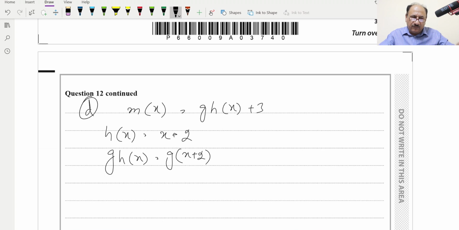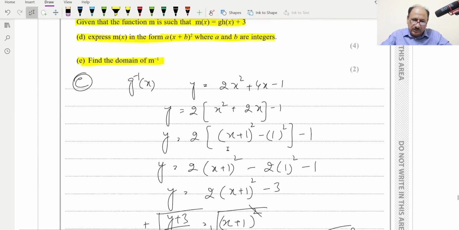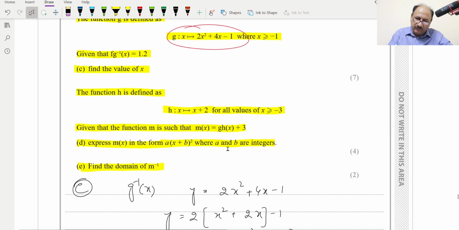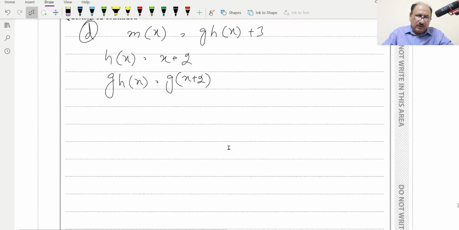Now in g of x, which they have given us over here, this one is g of x. In this we will be replacing x with x plus 2, and our equation will become 2 into x plus 2 squared, plus 4 into x plus 2, and minus 1.